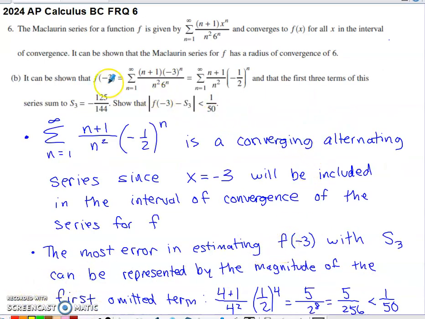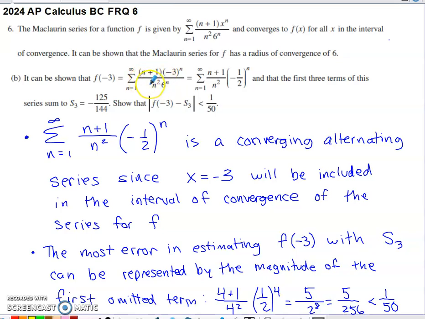Part B says that f of negative 3 would be found by plugging negative 3 in place of this x in the series representation for f of x. Because the radius of convergence is 6, and this series is based at 0, negative 3 is definitely within that interval of convergence.